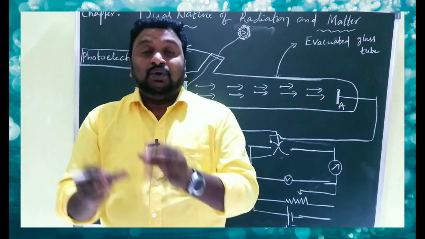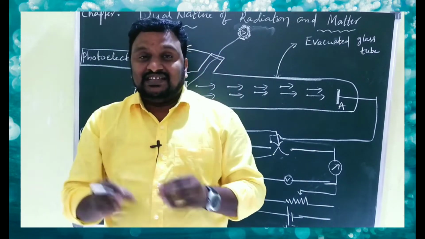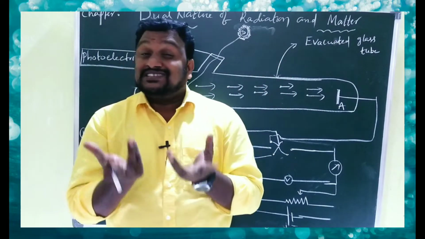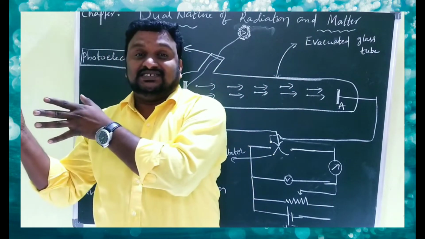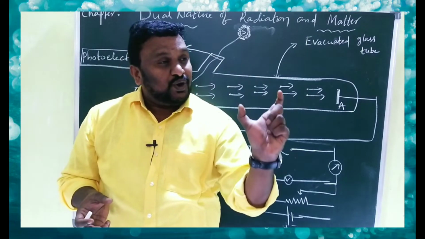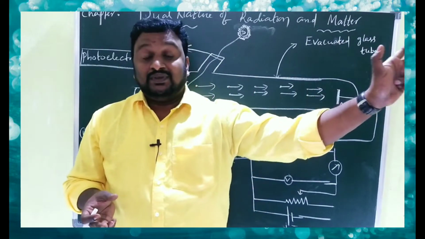Okay children, so I am coming to the topic now: photoelectric current. Photo means what? Light energy. Electric means what? Electrons. And current, what is current? Flow of electrons. In the title itself we have the story: photoelectric current.